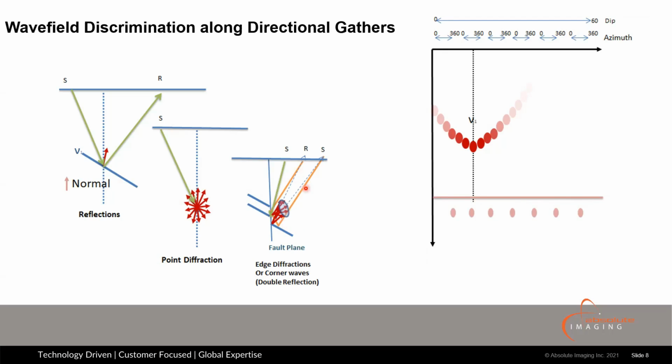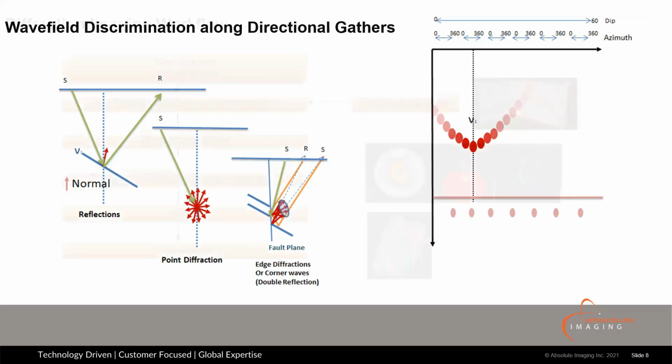And of course, if you have edge diffractions from folds, or double folds, or corner waves, you might see the same energy, but this time it will be polarized only in that fold plane of dips, and it will repeat for every azimuth. Okay, so this is kind of what we are looking at.